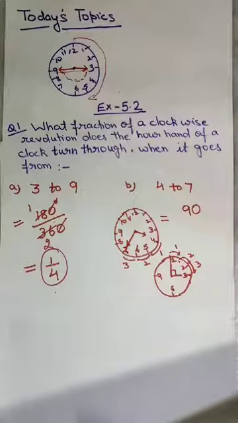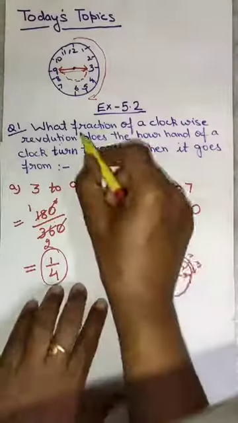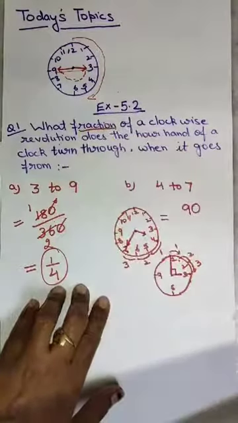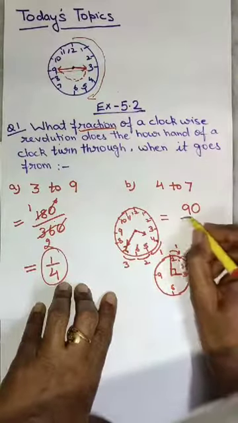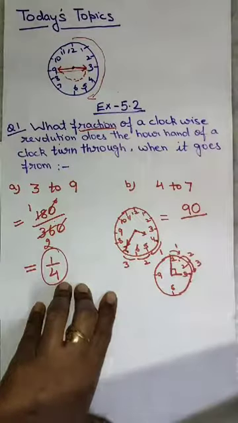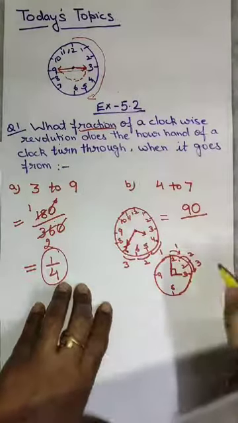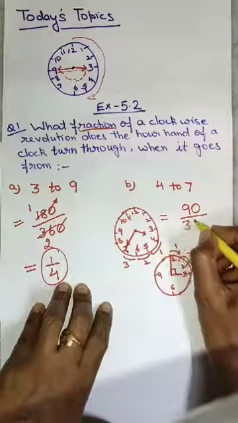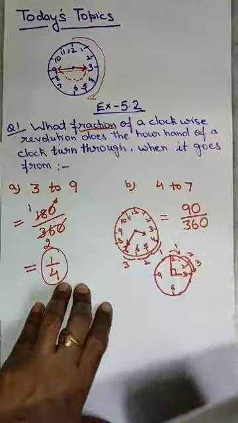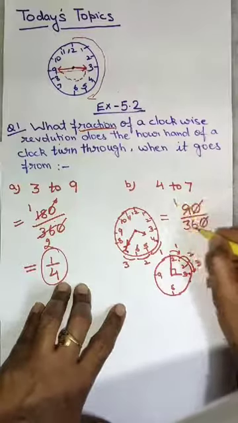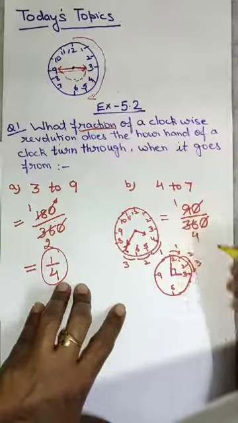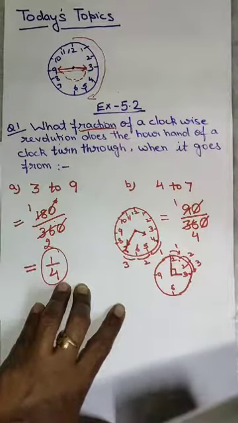But degree is not asked in this question. We have to tell the fraction. What fraction? So 90 degree upon complete revolution. Complete revolution is of 360 degree. Complete angle is of 360 degree. 0 and 0 cancel. 9 ones are 9. 9 fours are 36.